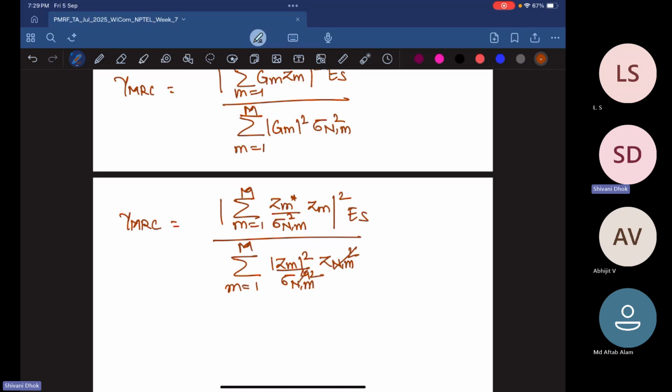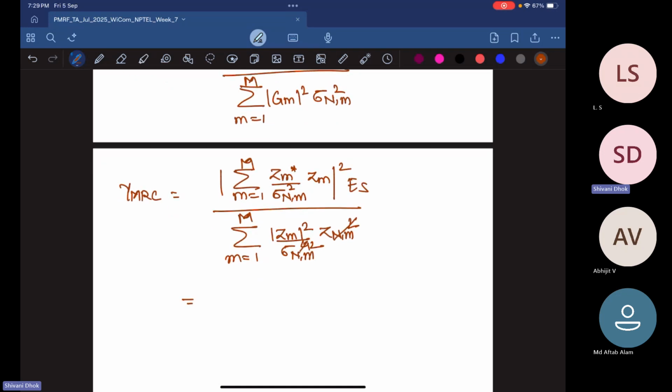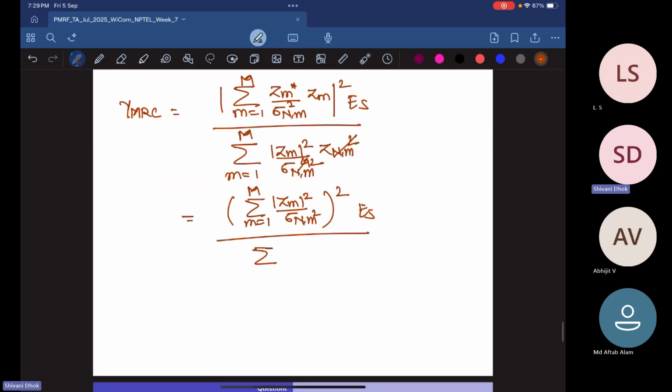This gets cancelled, and what we are left with is basically summation m equal to 1 to capital M magnitude of Zm square upon sigma nm square whole square into Es divided by summation m equal to 1 to capital M magnitude of Zm square upon sigma nm square.